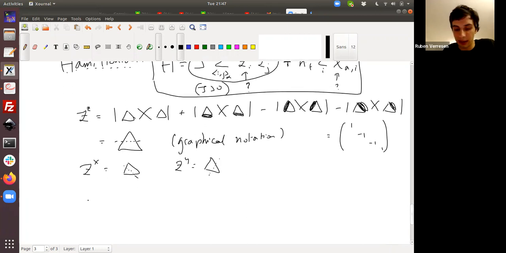Just as a quick example, let's think we're on the Z bond of the honeycomb. If I just draw this out in this graphical notation, that would look something like this, and I can close this as a little bubble.